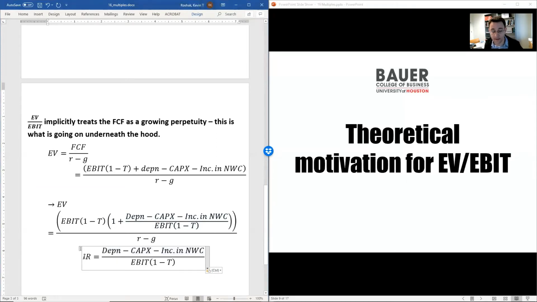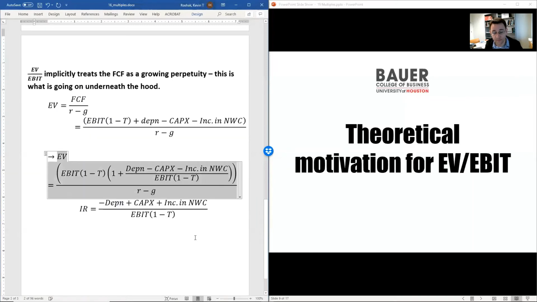Actually, this is the minus the investment rate, because capex is negative here, right? So these are negative investments, so this would be a negative investment rate. So really the investment rate, if I multiply everything by a -1, the investment rate is going to be this. Plus. That's going to let me simplify my EV equation.